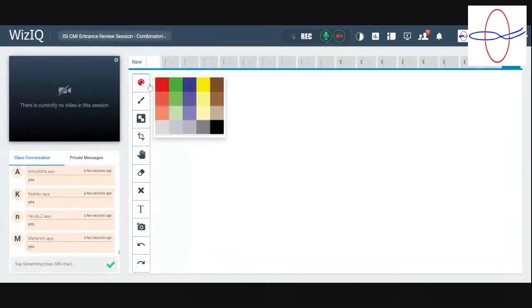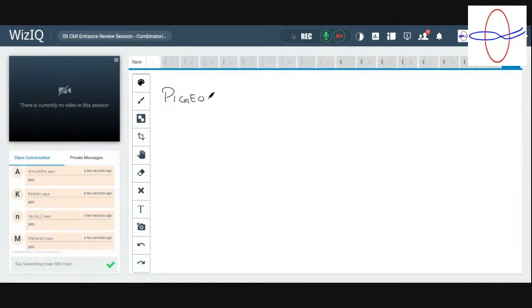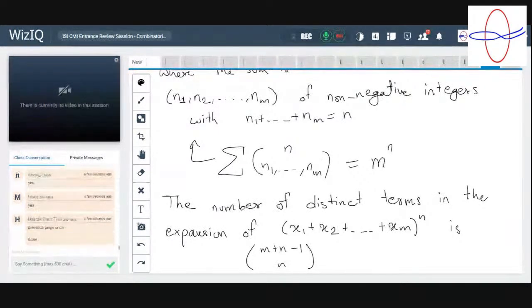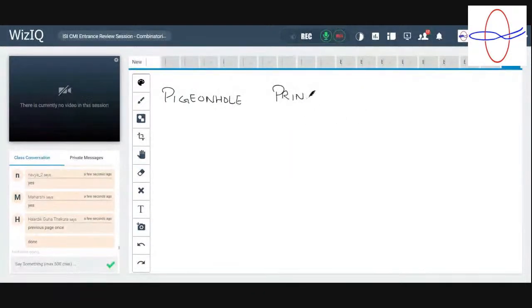Okay, so then you have 3 small results which are very useful. So let's start with the pigeonhole principle.